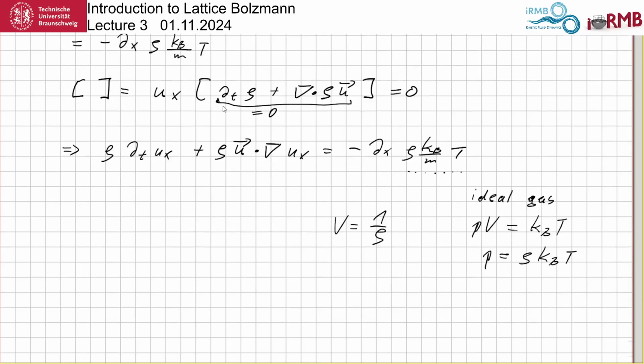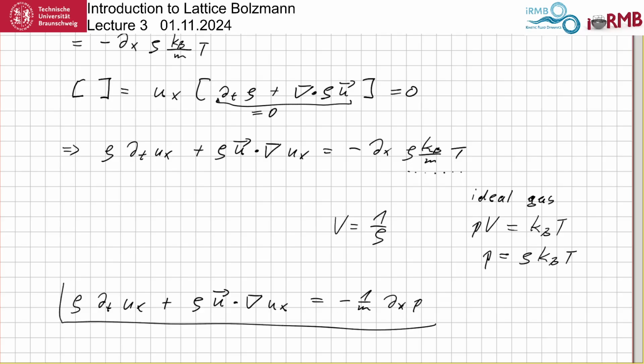Yeah. So now this gives us rho d_t u_x plus rho velocity in a scalar product with nabla u_x equals minus 1, I mean, it's a constant, so you can put it in front, 1 over m, and the x derivative of p.